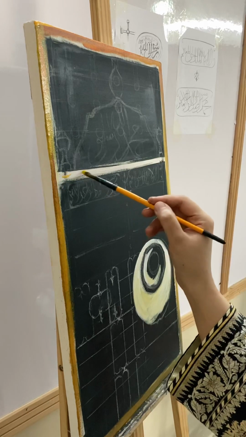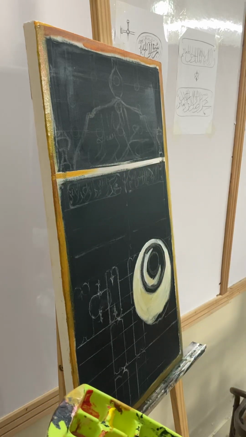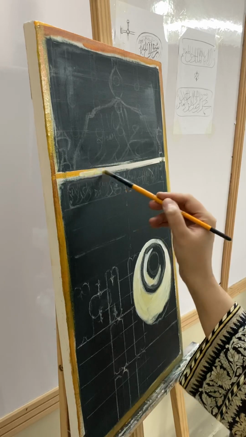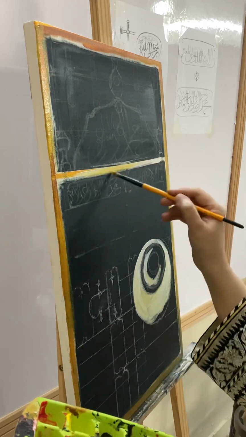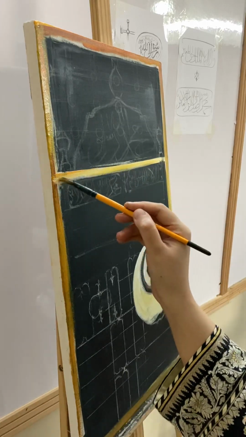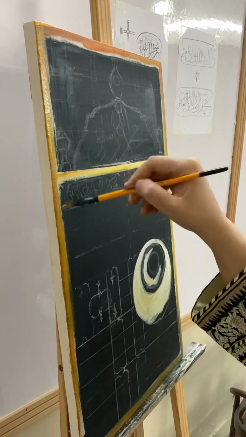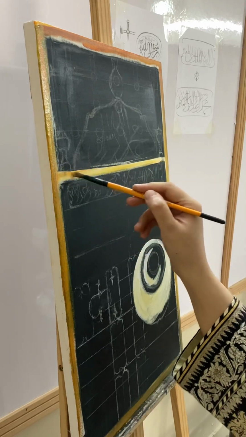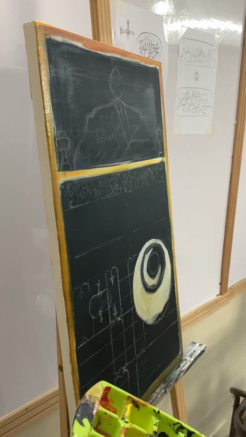And if you want to give the light effects, just use white. Sometimes we also can leave some portions blank on the canvas to give the light effect. This too happens.